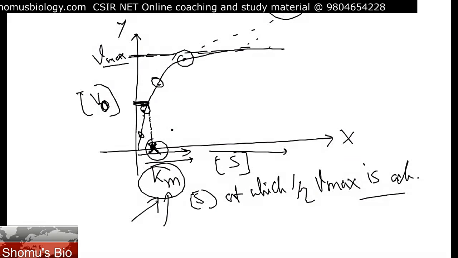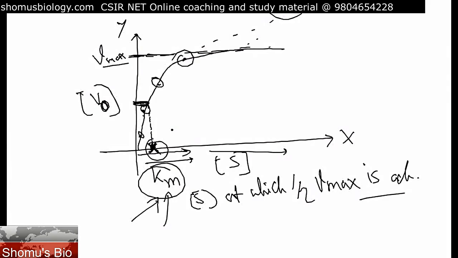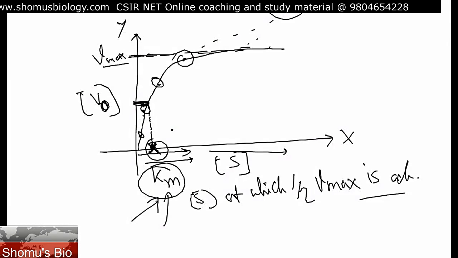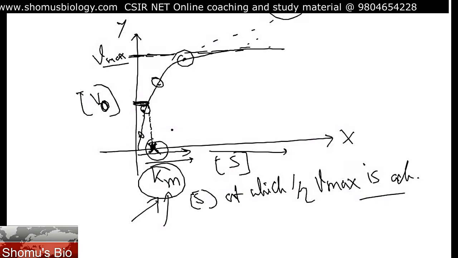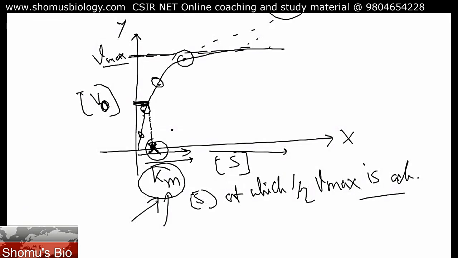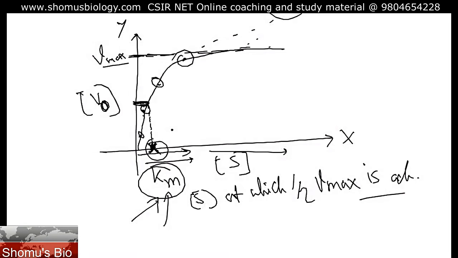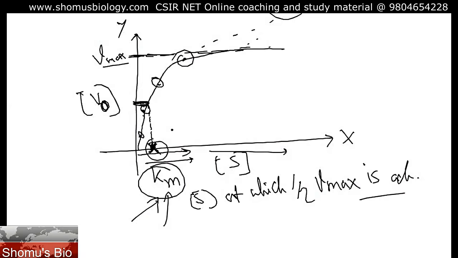Less affinity, because high Km means you need more substrate for the enzyme to reach half Vmax. And if the Km value is less, that means you need less substrate to reach that same half Vmax. So low Km, high affinity; high Km, low affinity. Got it?